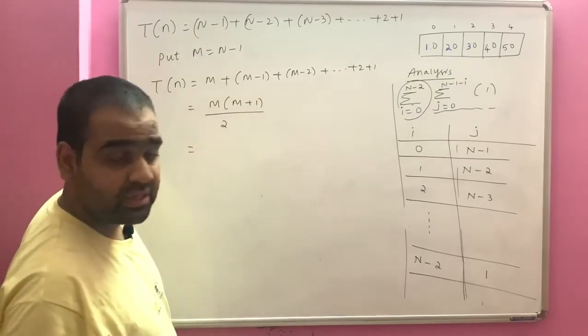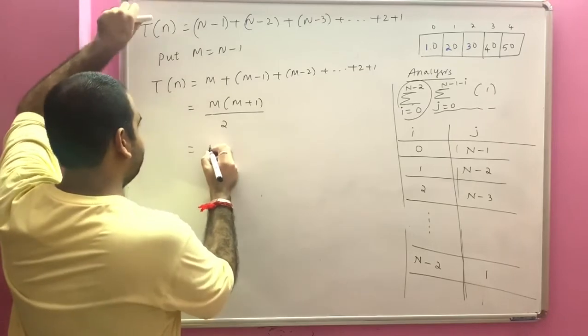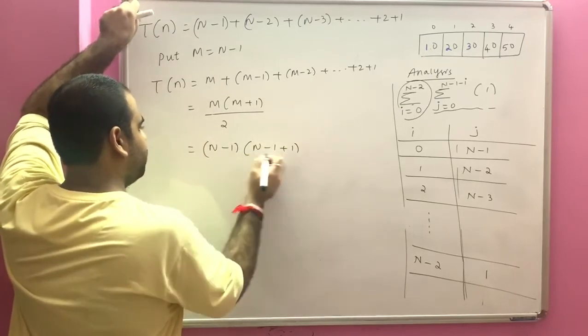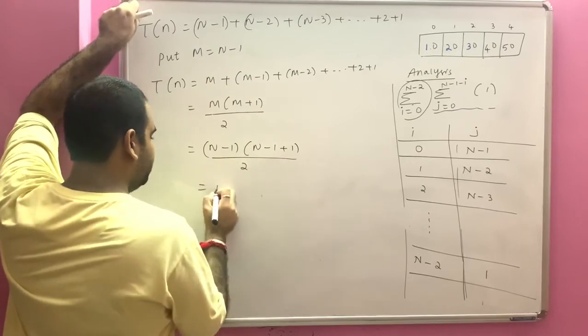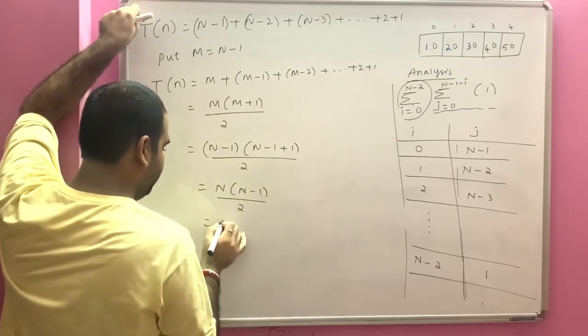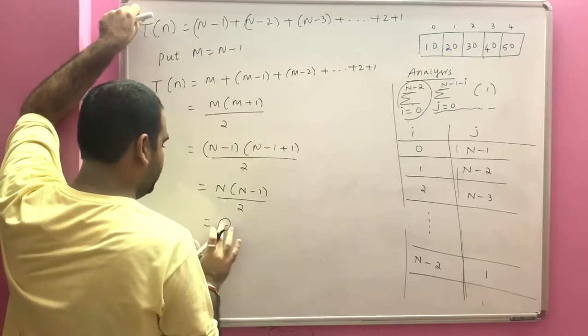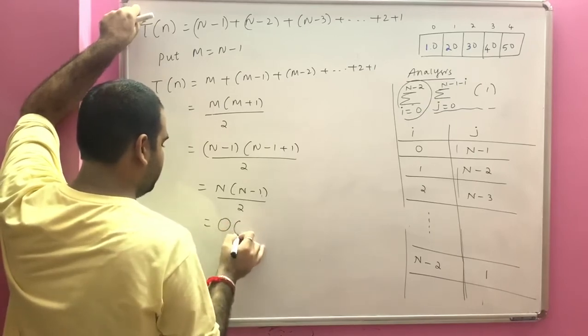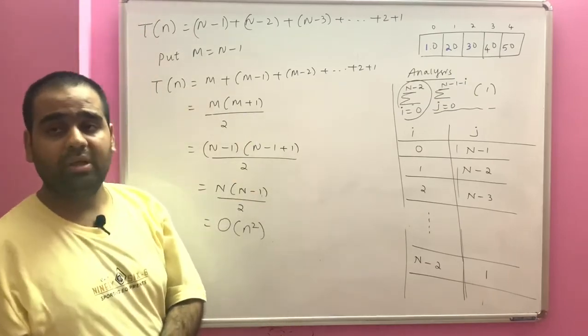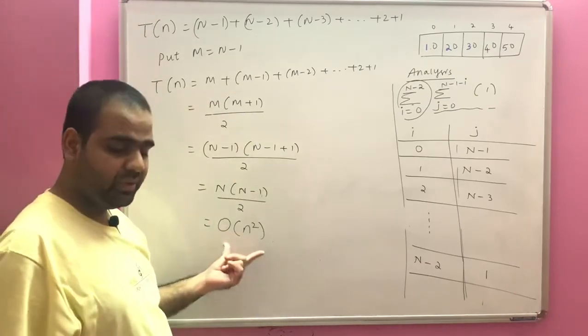Fair enough? Now what is m? m is n minus 1. I can write it as (n minus 1) into (n minus 1 plus 1) divided by 2. This is n into n minus 1 divided by 2, and this is Big O of n square. Therefore, the time complexity of bubble sort is n square.